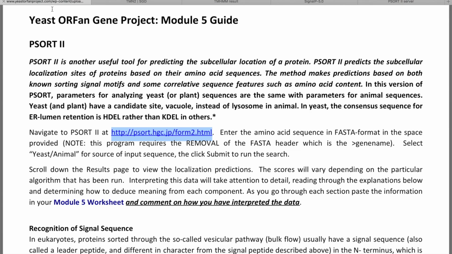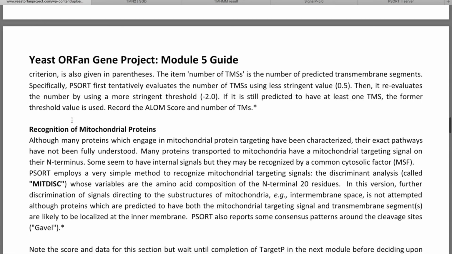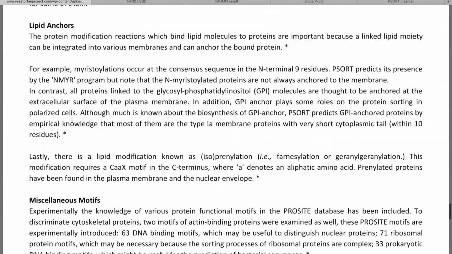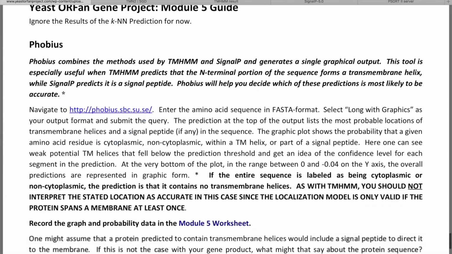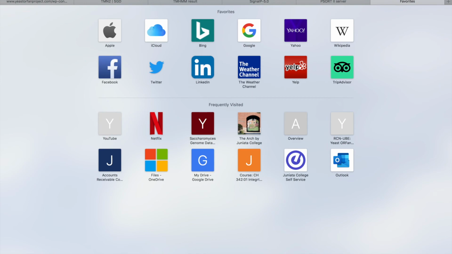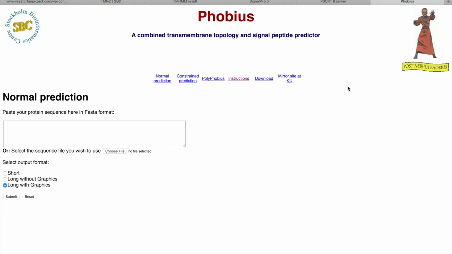So we're now going to get started with Phobius. You'll want to open that and make sure that you do read through the guide for most of this because it is very important and helpful. So opening up Phobius and getting the FASTA sequence.